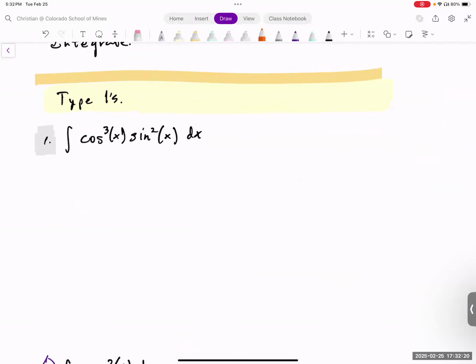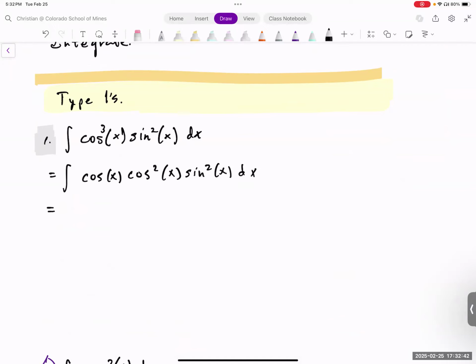So here's what we mean. Find your odd power. In this case, the odd power is the 3. So we're going to take a single cosine off of that odd power. That'll leave us with an even powered cosine.